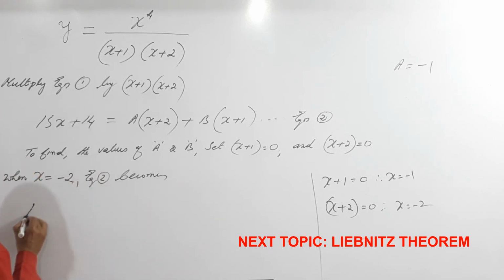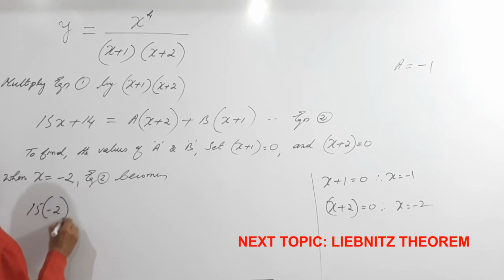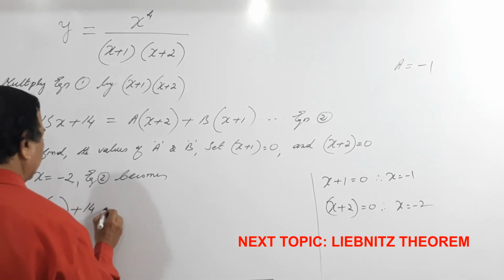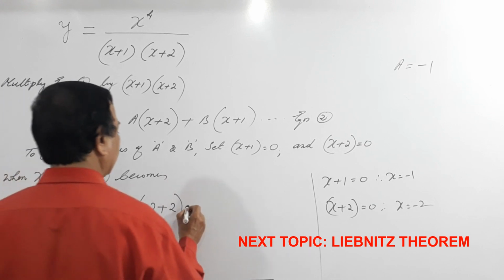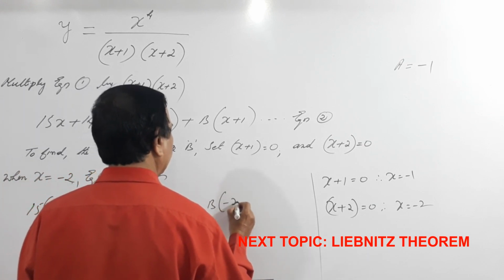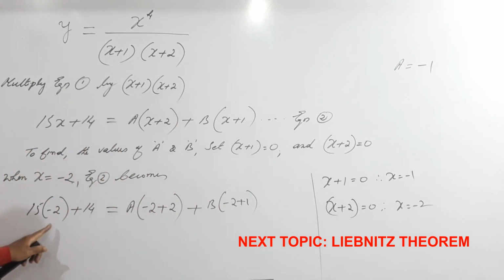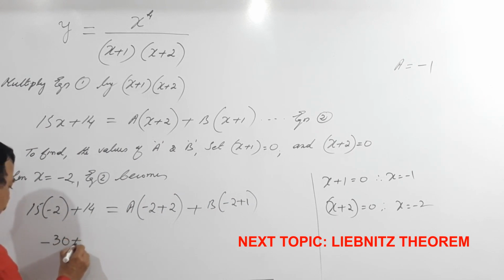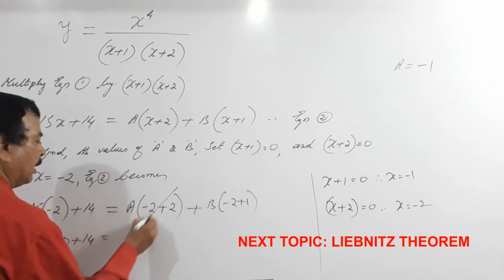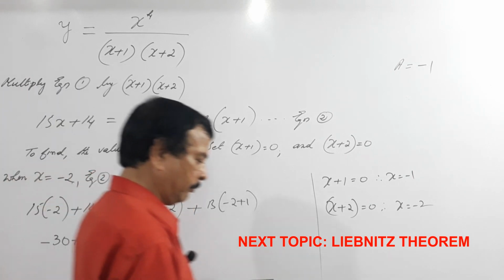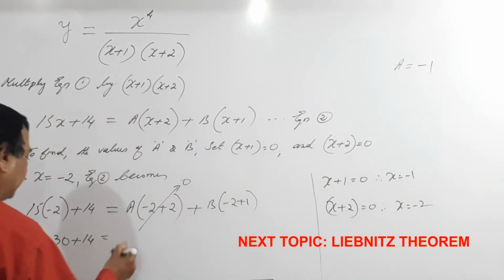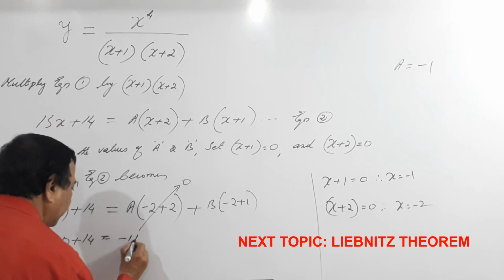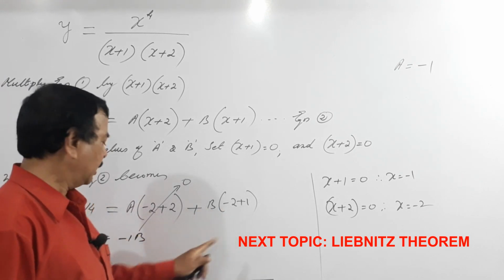What happens here? 15 into minus 2 plus 14 equals a into (minus 2 plus 2) plus b into (minus 2 plus 1). 15 into 2 is 30, so minus 30 plus 14 equals, this part becomes 0, so we'll have minus 2 plus 1 is minus 1b.